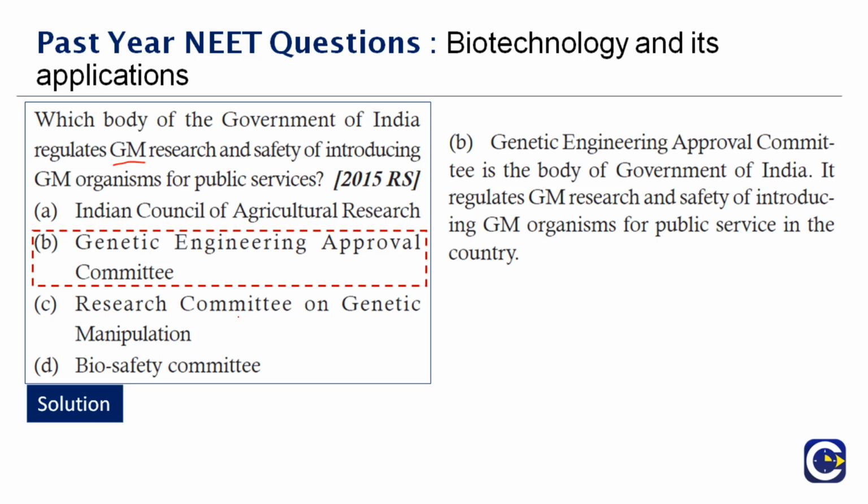So they introduce these genetically modified plants so that you can reduce the usage of the fertilizers or pesticides used to protect the crops. So the main reason it came into era is to reduce the amount of pesticides or fertilizers used. Next question here.